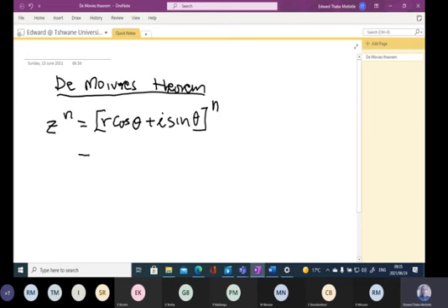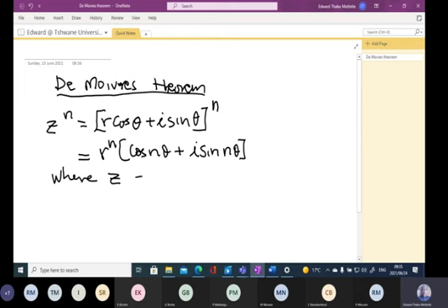This is equivalent to r to the power n, in brackets, cos n theta plus i sine n theta. Here z is just equal to r cos theta plus i sine theta.